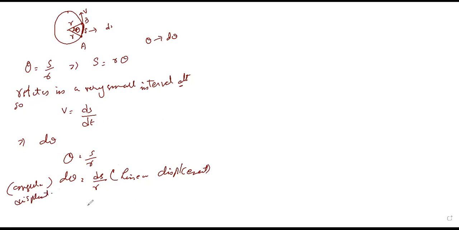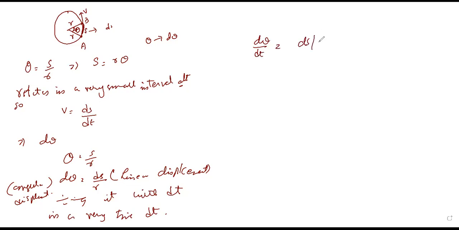Angular displacement means the angle subtended by the arc. Now we are dividing it by dt. Since the particle is moving in a very small time interval dt, it becomes d theta divided by dt equals ds divided by dt divided by r. What is this?